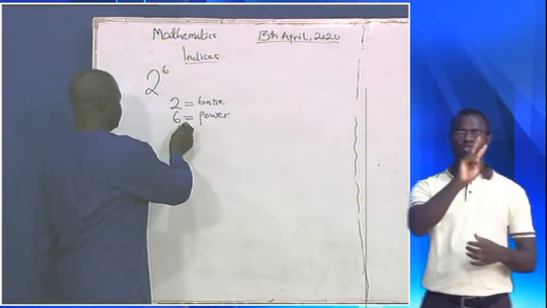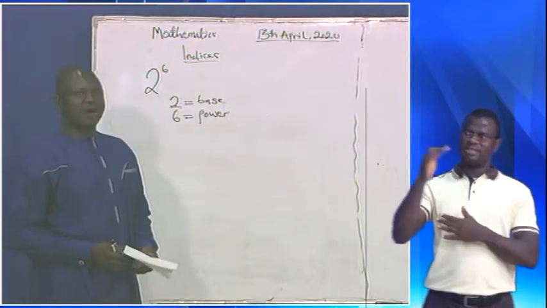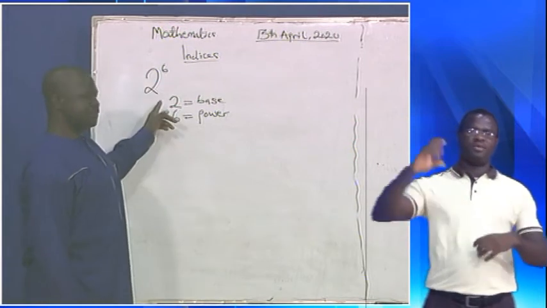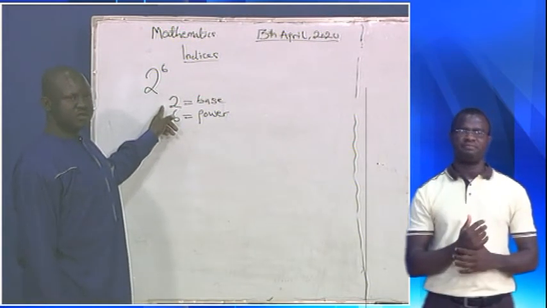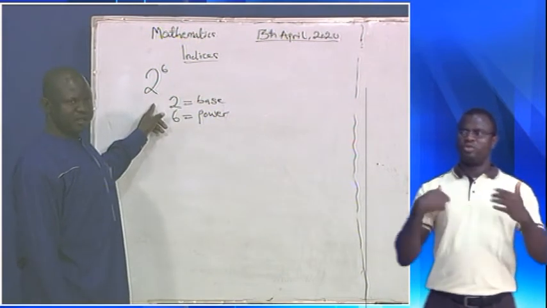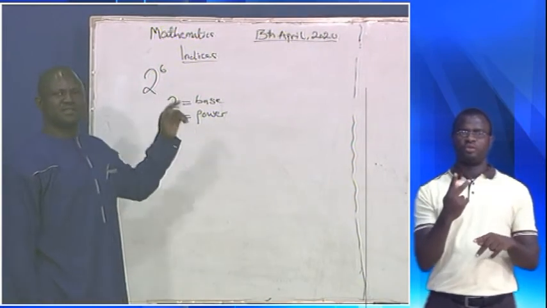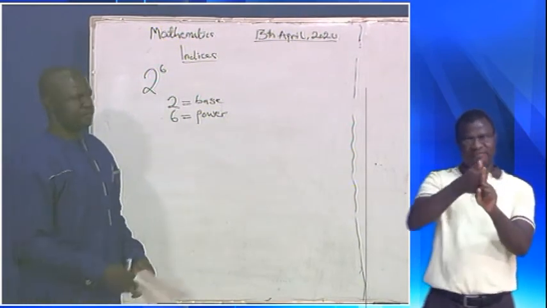This 6, which is the power, tells us how many times this base 2 is used to multiply itself. With what we have on the board here, this indicates that 2 is multiplying itself in 6 places.